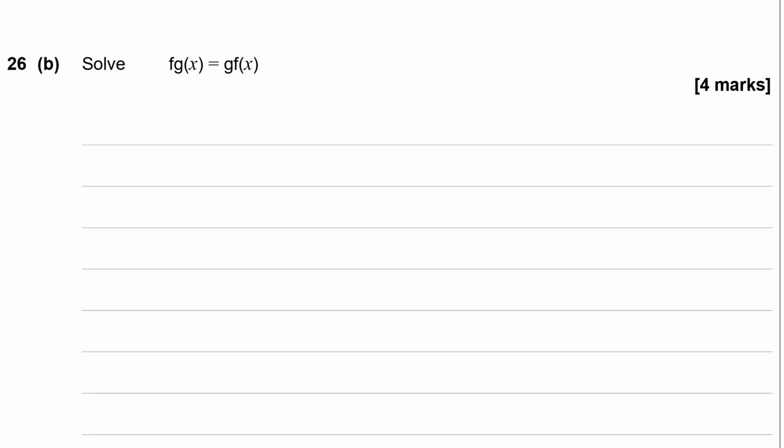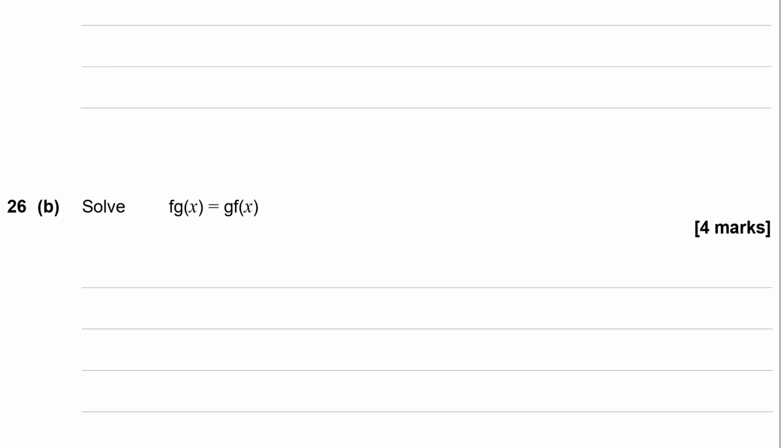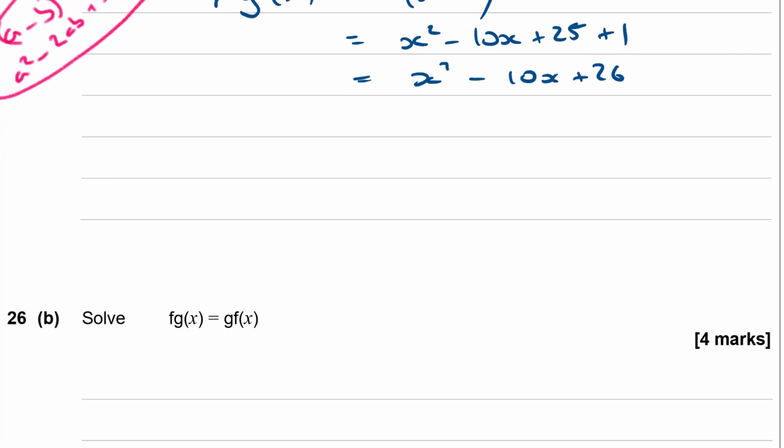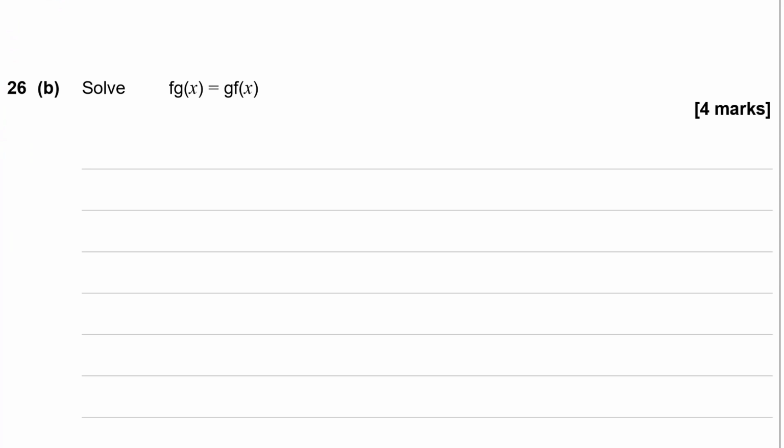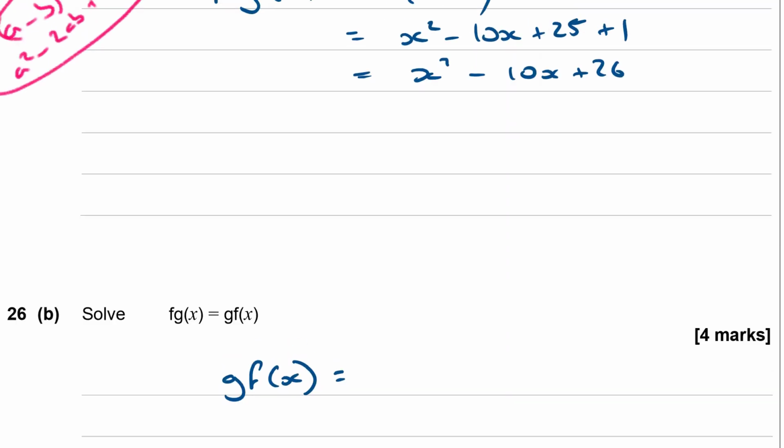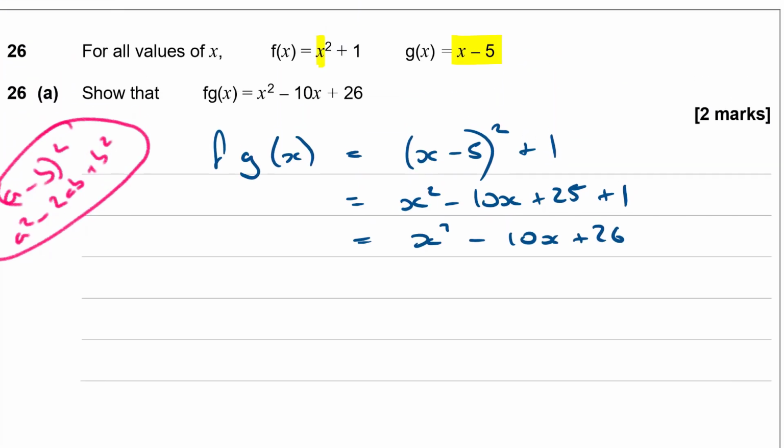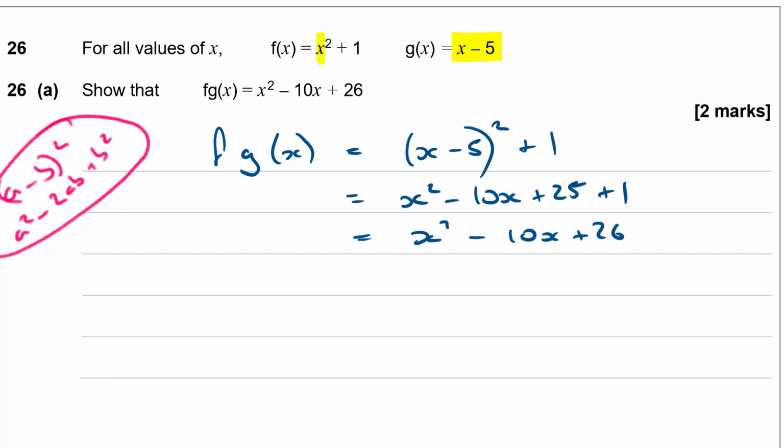Now part B says solve fg of x equals gf of x. Okay, so we've already worked out what fg of x is. What's gf of x? So gf of x is equal to, well, we take our function f of x and we feed it into our g of x. So this time round, our x is here and we're going to replace it with this expression. So that is going to sit where that is in there.